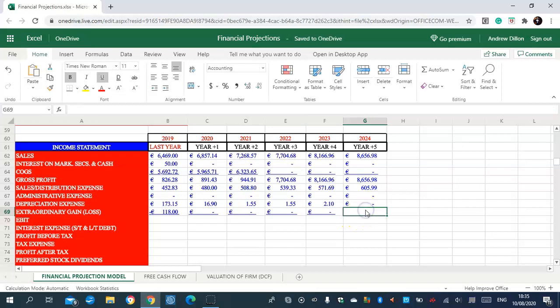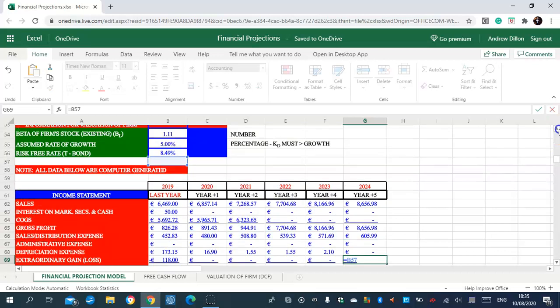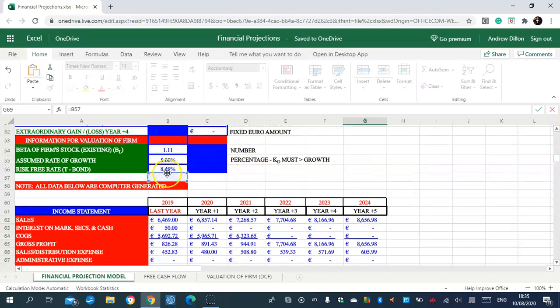The other one is very tricky because it's equals to B57, which is here. Now go for B56.